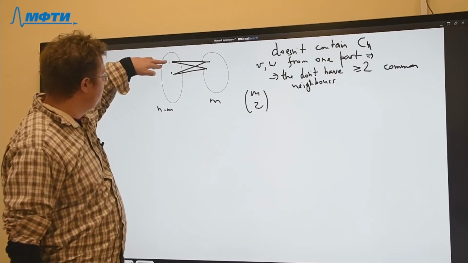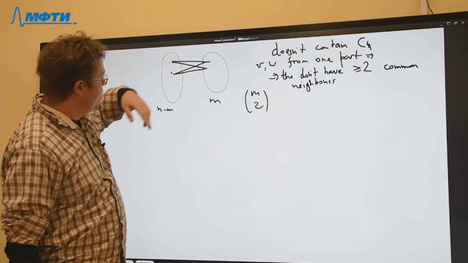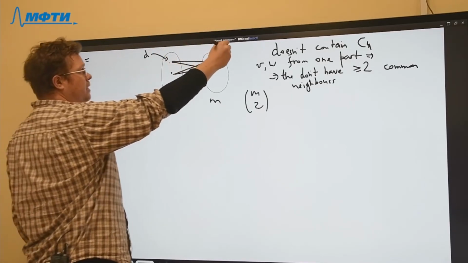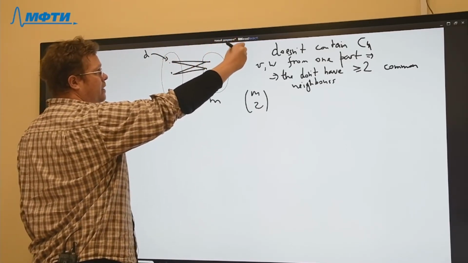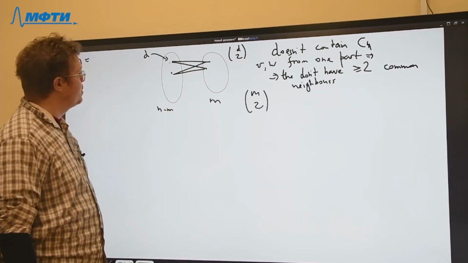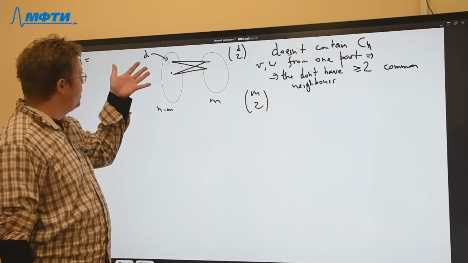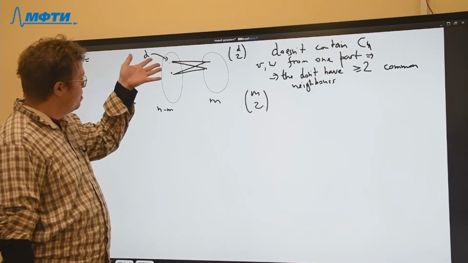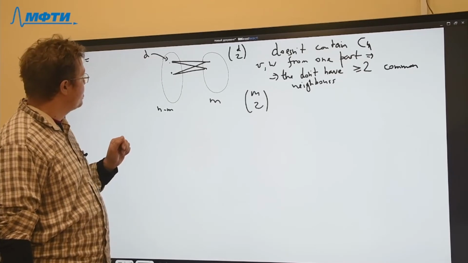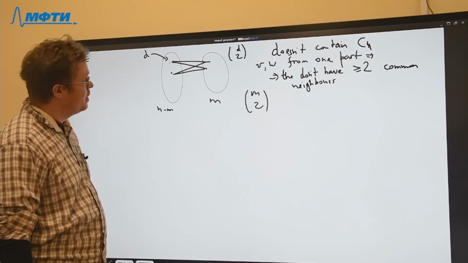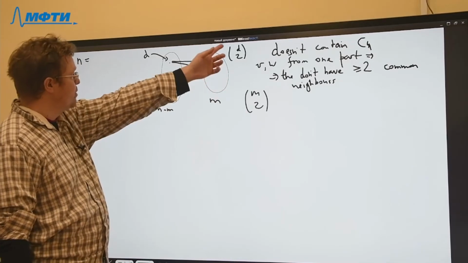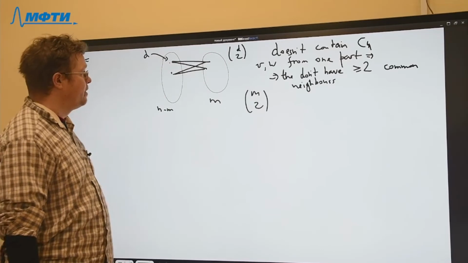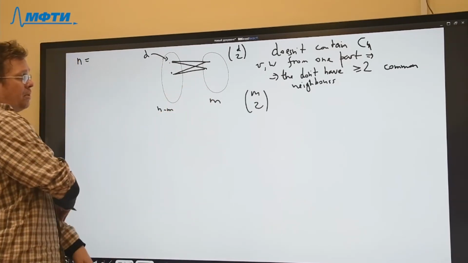If a vertex there has degree d, it covers d choose 2 pairs of vertices. So we have a restriction on the degrees of the vertices.